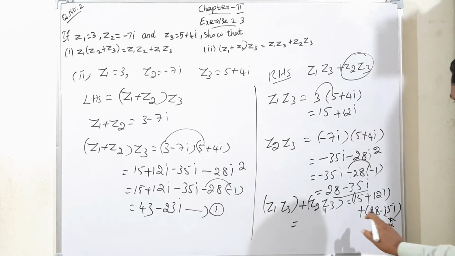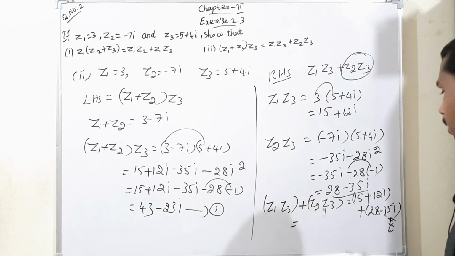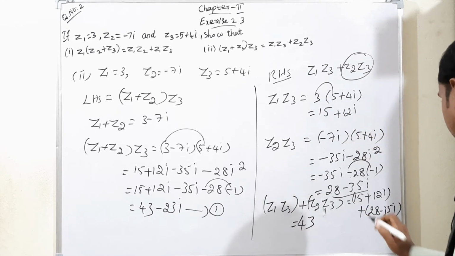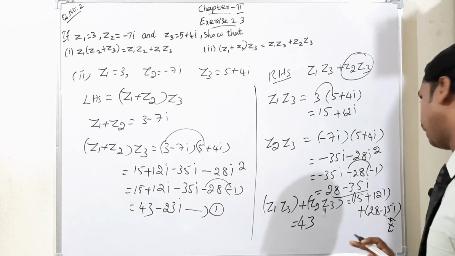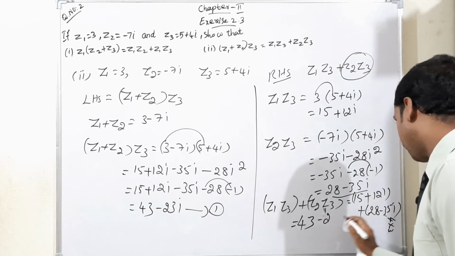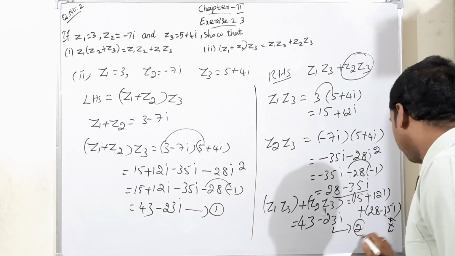So now add it, 15 plus 28, definitely what term will come? 28 plus 15 means 43. Next one, plus 12i minus 35i. So minus 23i. This is actually equation number 2.